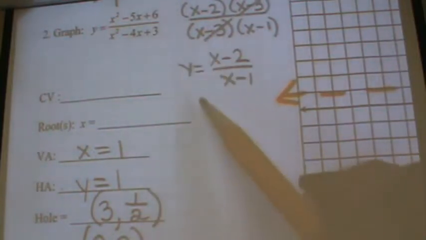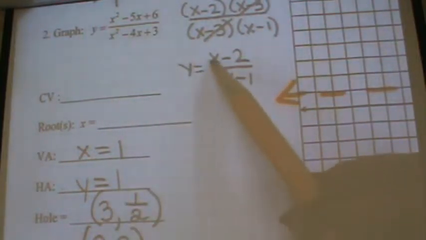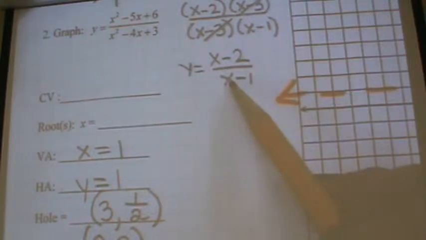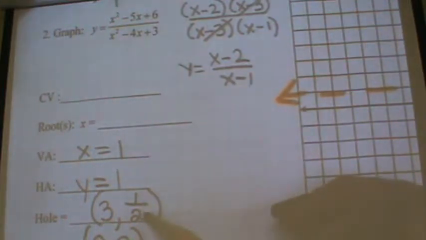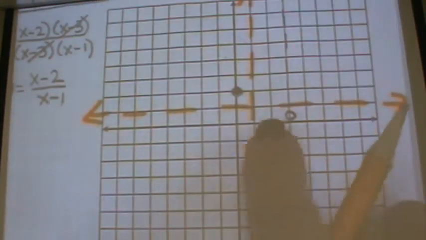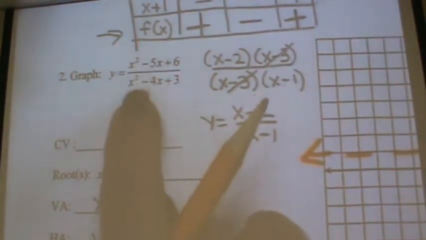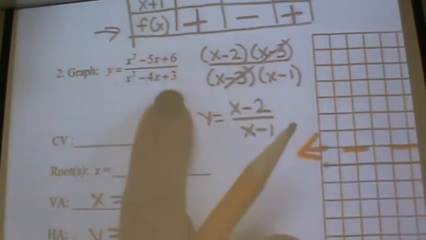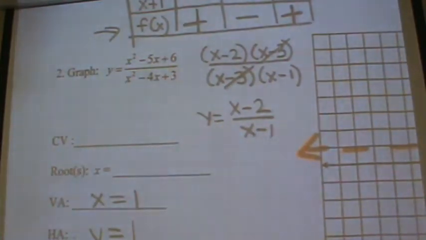You have a hole at 3, you plug 3 into this. 3 minus 2 is 1, and 3 minus 1 is 2, so 1/2. It would have been an asymptote at 3, but instead you can't have anything go through this point right here. Why can't anything go through here? Because if I were to put a 3 in here, you'd get a 0 in the denominator, and you can't have that.